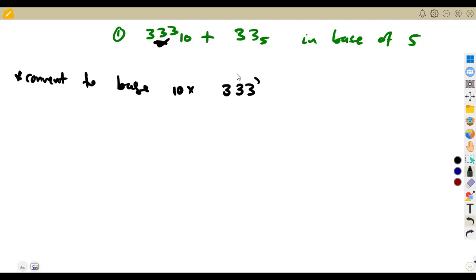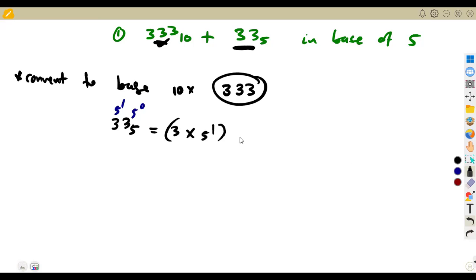We already have 3 in base 10. What about 3 base 5 in base 10? Remember, to convert from any base, we raise to the exponents of the given base: 5 to the power of 0 here, 5 to the power of 1 here. So we have 3 times 5 to the power of 1 plus 3 times 5 to the power of 0. 5 to the power of 1 is 5, and 5 times 3 is 15.